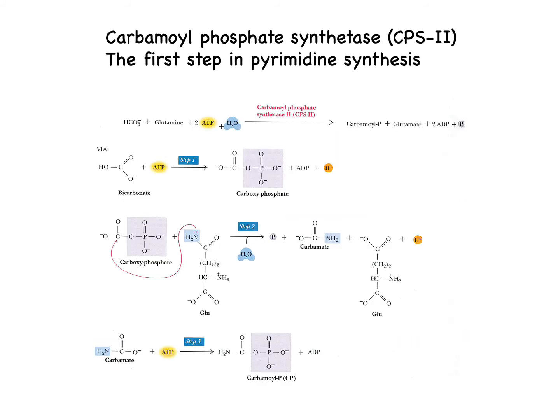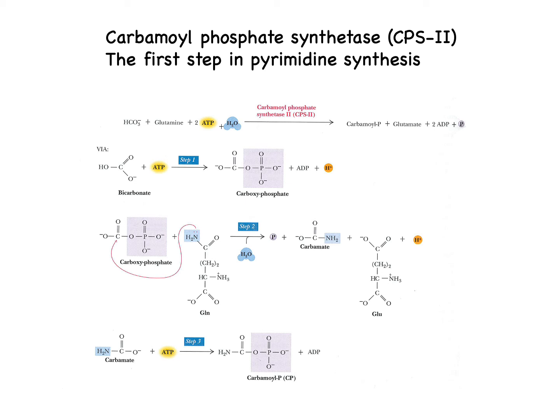Okay, so when we were talking about the urea cycle, I mentioned that we would see another enzyme that had the same activity and the same name as one of the enzymes in the urea cycle, and this is involved in the first step in pyrimidine synthesis. This is the enzyme carbamyl phosphate synthetase. And so it makes the molecule carbamyl phosphate from carbon dioxide, an amino group from glutamine, and it requires 2 ATPs.